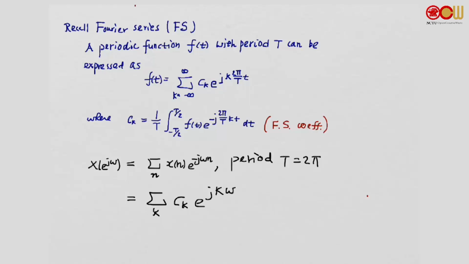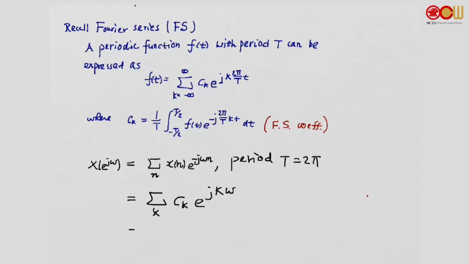Now if we compare these two summations, we can see that they are very similar with a slight difference. Here the exponent is minus jωn, and here it is jkω. So let's make them even more alike.